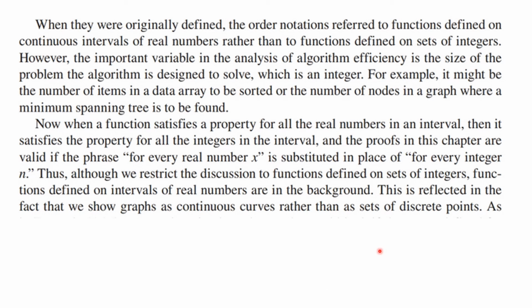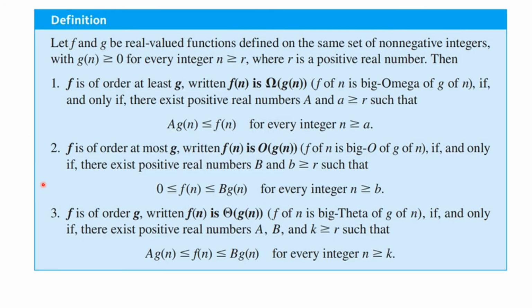Okay, and this really talks about the fact that even though we're talking about real valued functions, we're really in discrete math concerned about just integer n's, and so we're really going to be restricting ourselves to these discrete values when we're writing, although we're going to use the other notation.